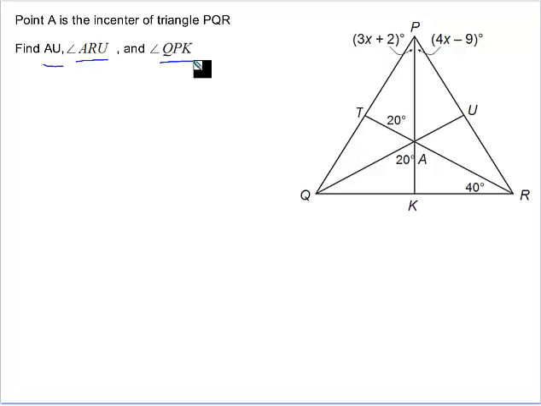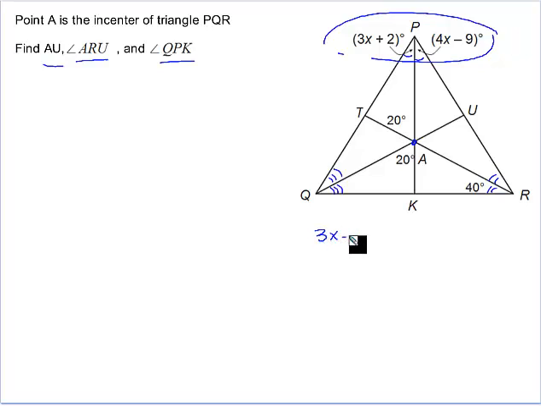If A is the in-center, and A is right here, that tells us that each of the vertices were split equally. So those two are congruent, these two are congruent, and these two are congruent. Well, right up here we'd be able to probably figure out what x is, which would definitely help us out. So we're going to start off by solving for x.